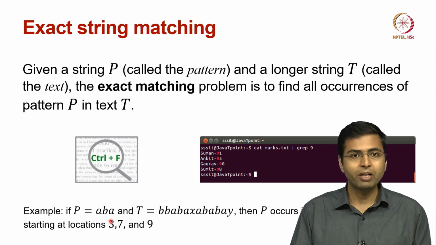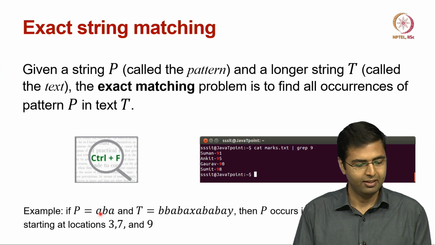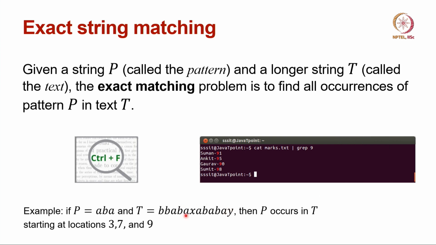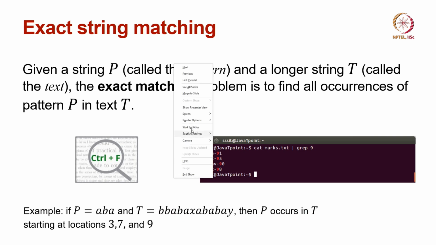So just to give a specific example, suppose your pattern is ABA, and suppose you are given a text BBA, BAX, ABA, BAY. Then for this specific example, you can see that pattern P occurs in text T at locations 3, 7 and 9.